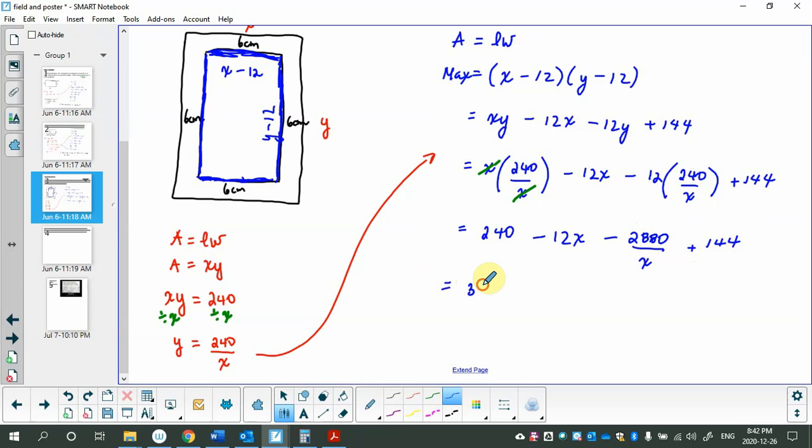So that's 384 when you collect like terms, minus 12x minus, here's this thing again.